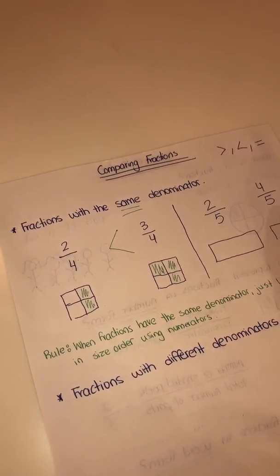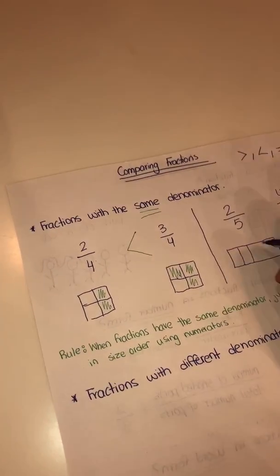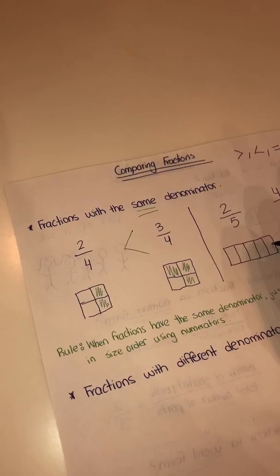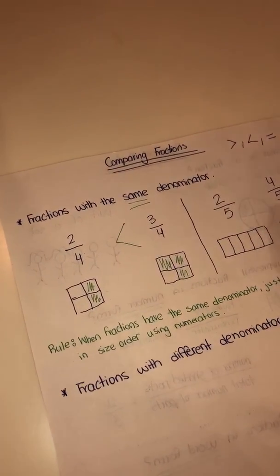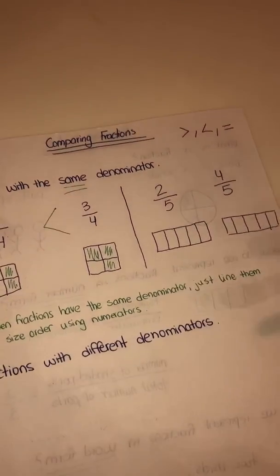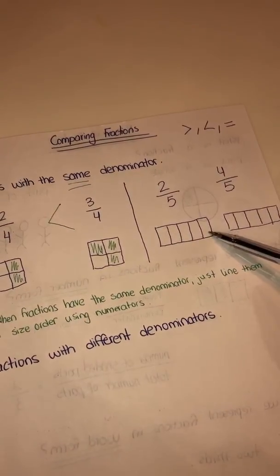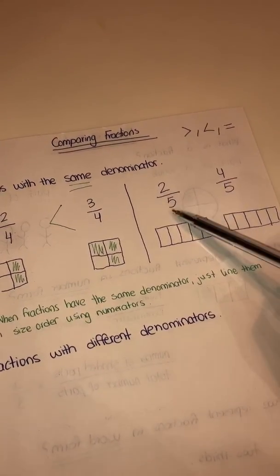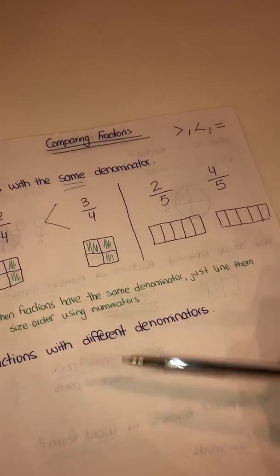I'm also gonna draw a rectangle over here. 1, 2, 3, 4, 5 parts. Also over here I have 5 parts in total, because the denominator, which is the total number of parts, is 5 in both fractions.